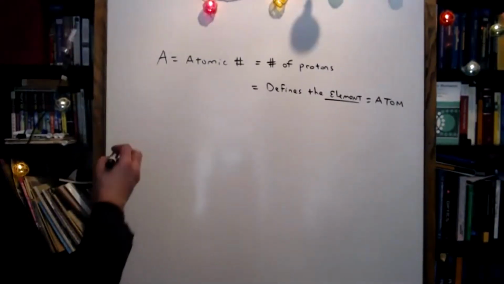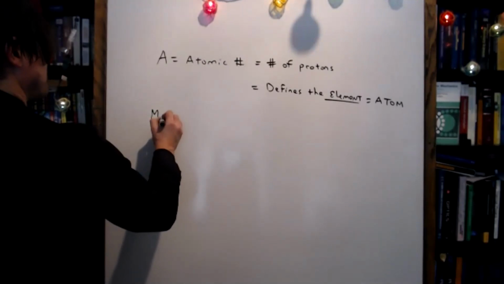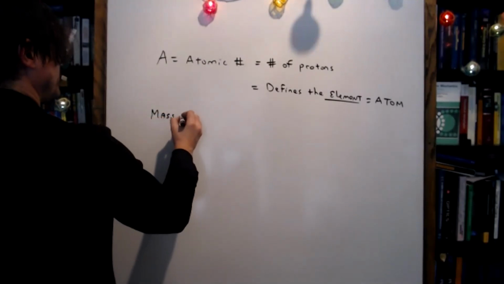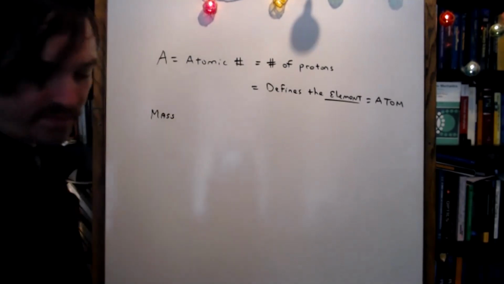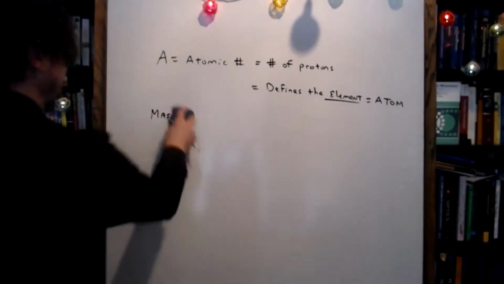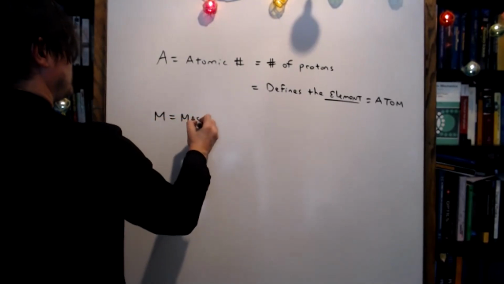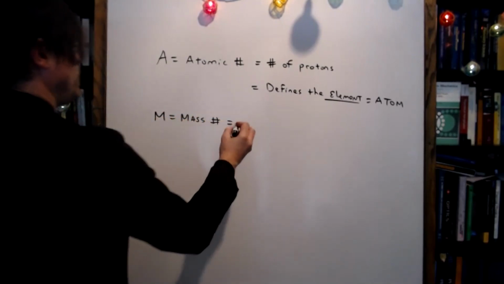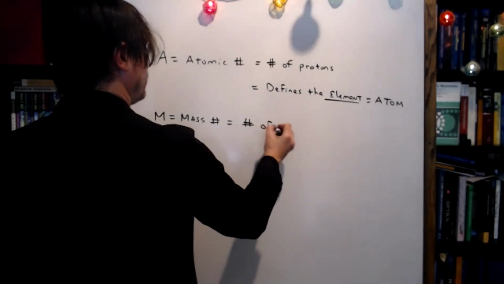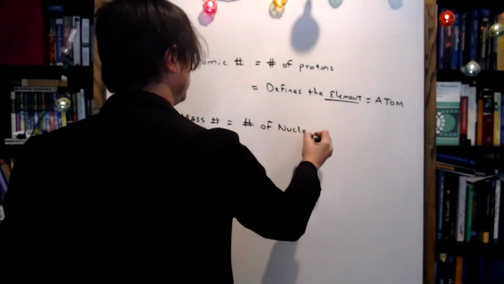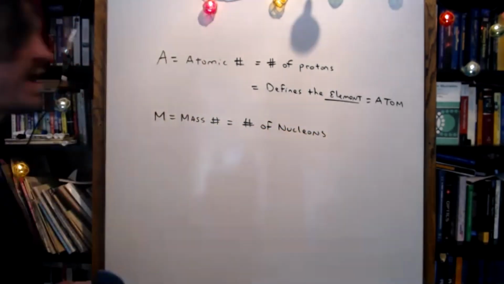Next up, we have something called the mass number. We'll use capital M for mass number, although people do different stuff for this. We're going to keep it simple. The mass number is the number of nucleons in your atom.